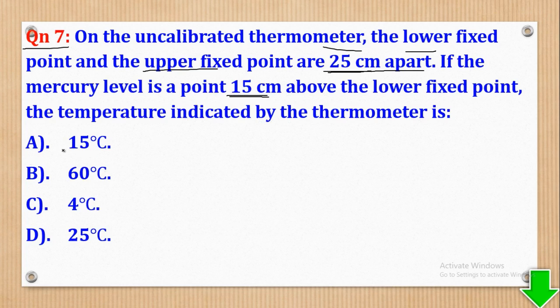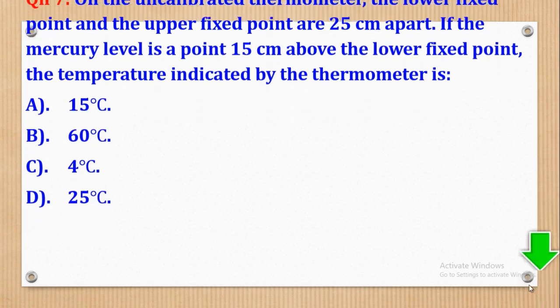Option A, 15 degrees Celsius; option B, 60 degrees Celsius; option C, 4 degrees Celsius; option D, 25 degrees Celsius. So we need to do some calculation to find the correct answer.